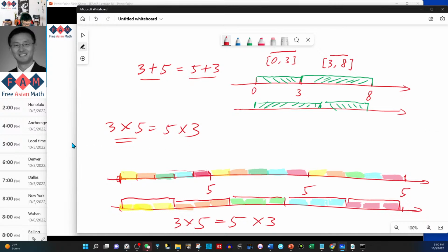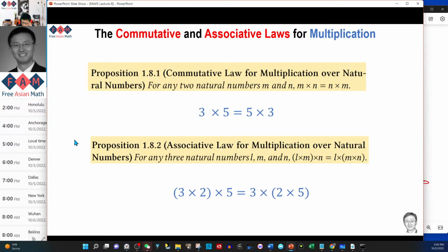Okay, so now what is the associative law for multiplication? Well, very analogous to addition. You have 3 numbers, you multiply them together. The default order, if we don't have any parentheses, is the same as the left-hand side, which is 3 times 2 times 5.